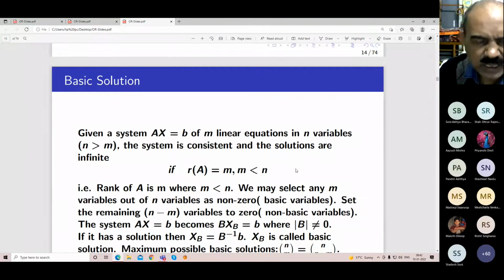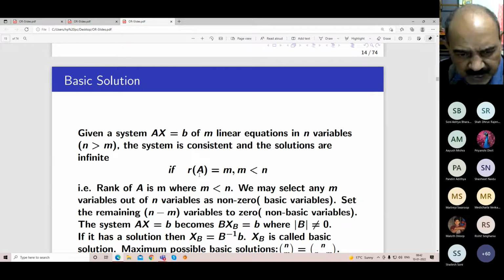Since this is a consistent system and the number of variables n is more than the number of equations m, it has an infinite number of solutions. So let us say the rank of the coefficient matrix A equals m, and m is strictly less than n.